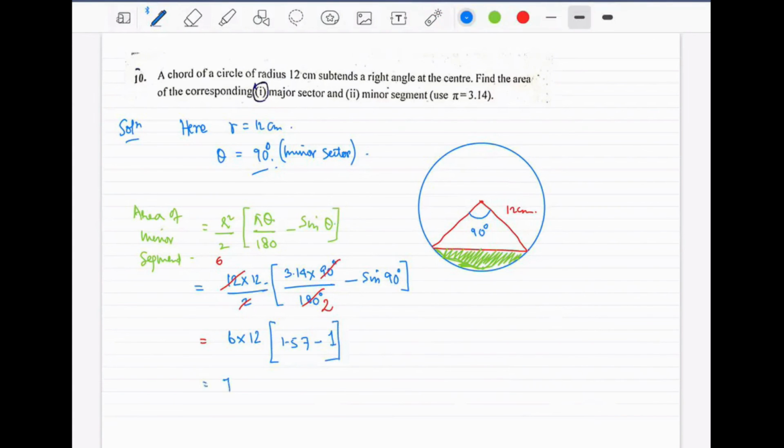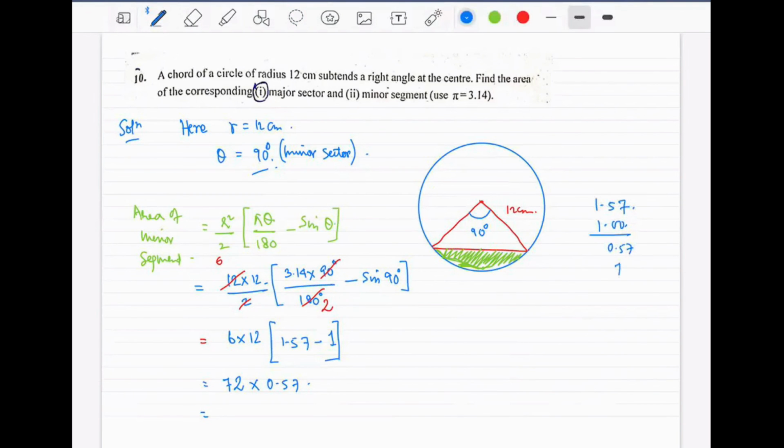6 into 12 is 72. 1.57, from there you subtract 1. So we have got 0.57. Okay. You multiply these two, how much you get, you check it out. Let's just check it here.